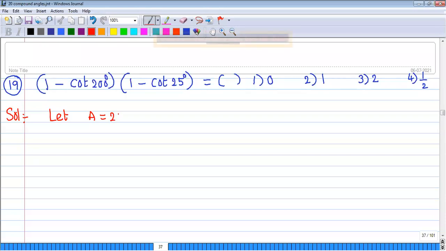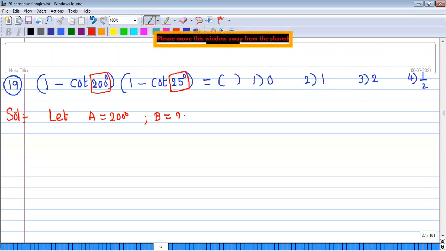A is equal to 200 degrees, B is equal to 25 degrees. That implies A plus B is equal to 225 degrees, which is 45 degrees.